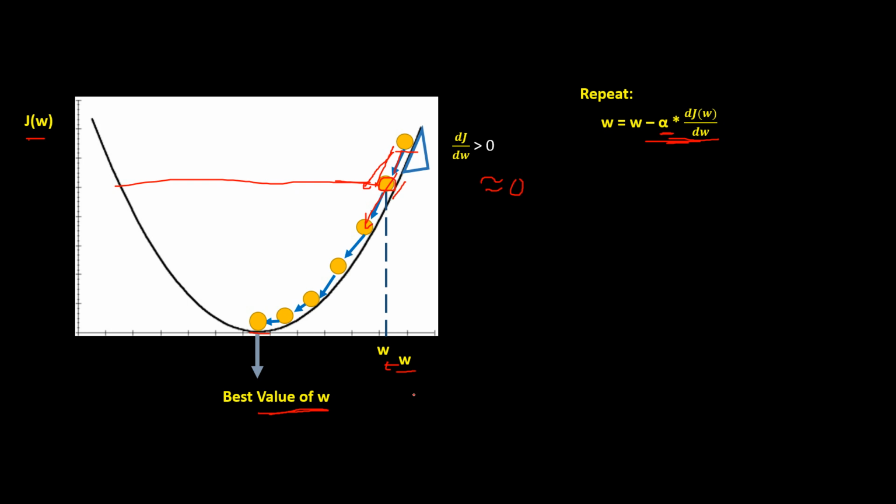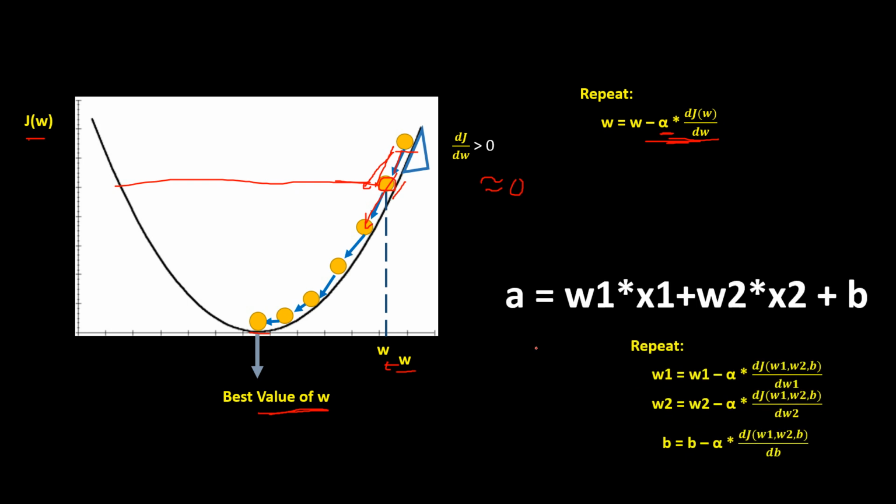Okay, so this is with this example, but considering our problem, a is w1 x1 plus w2 x2 plus b. So we are going to repeat this for all the parameters, not just for one parameter. w1 will be w1 minus alpha times dJ, the cost function being a function of w1, w2 and b, with respect to w1.